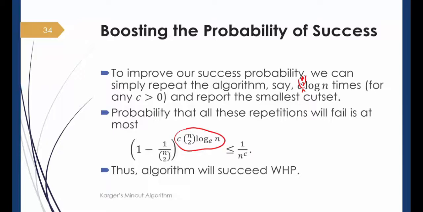So now the probability that all of these repetitions will fail is going to be 1 minus 1 over n choose 2, the whole raised to c times n choose 2 times log base e of n. Here I am using log base e, and this ends up being at most 1 over n to the c, which is what we need for high probability. So, this gives us a guarantee with very high probability that the algorithm will indeed find, in particular, the cut set C star.